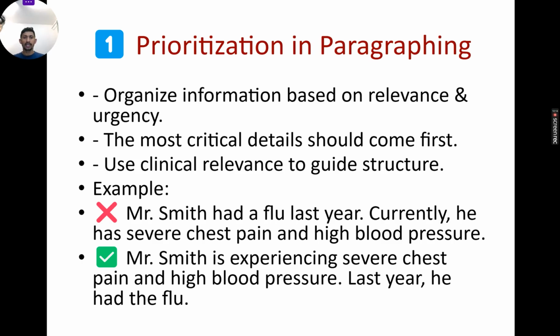See, in the first sentence, you can see the flu last year is not that important according to clinical relevance because he has severe chest pain. According to urgency, we say chest pain is a bit more important than the flu which he had last year. That is a past medical history, and currently he has got high blood pressure.